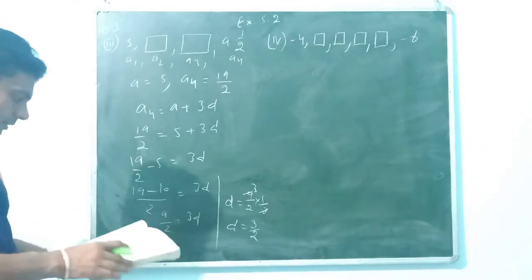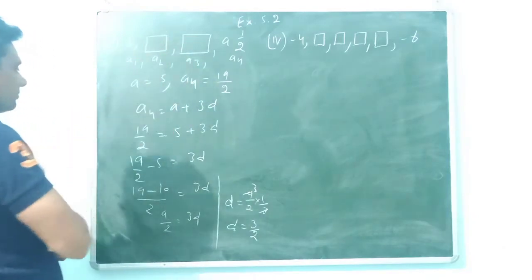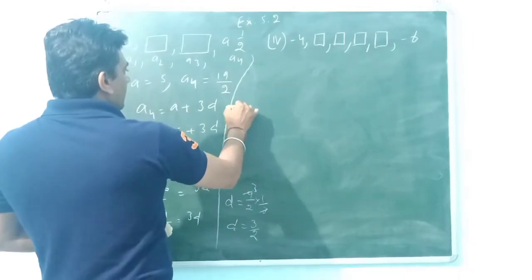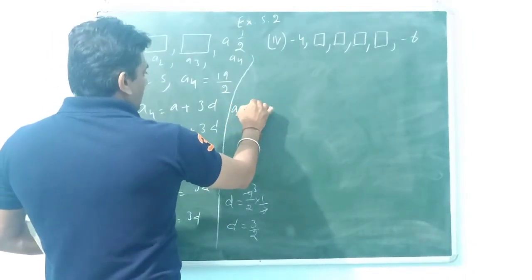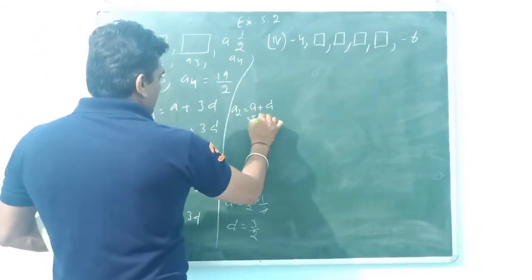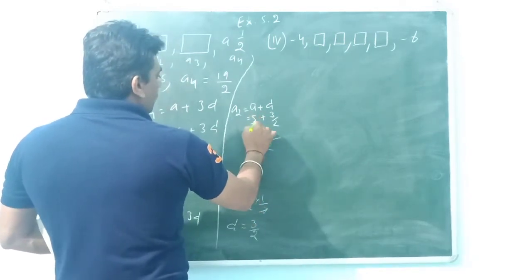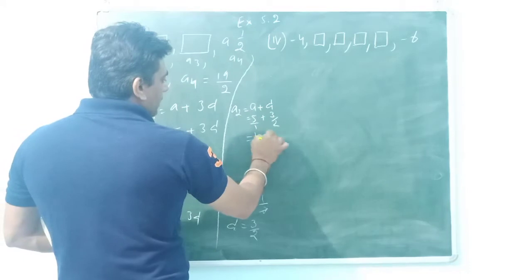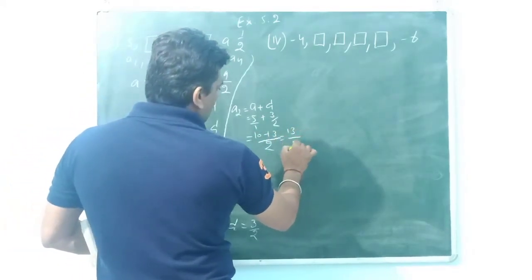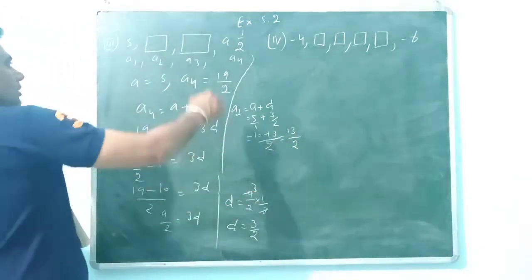So we find these missing boxes, means A2, A3. A2 equal to A plus D, what is A? 5 plus 3 by 2, LCM is 2, 10 plus 3 equal to 13 by 2.